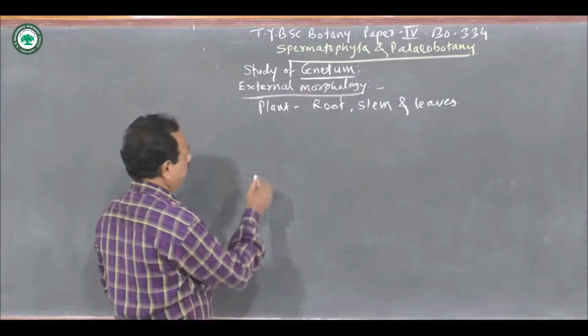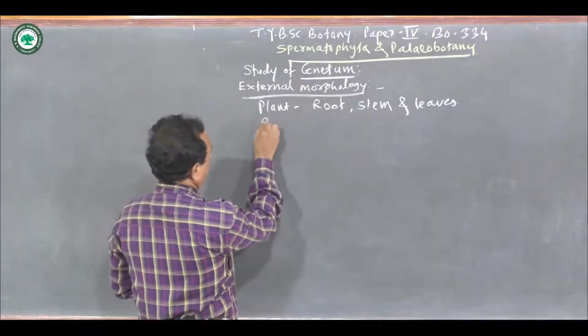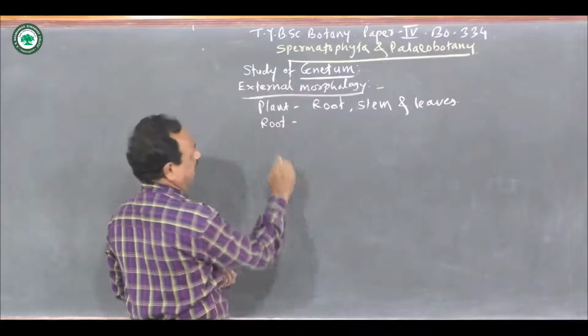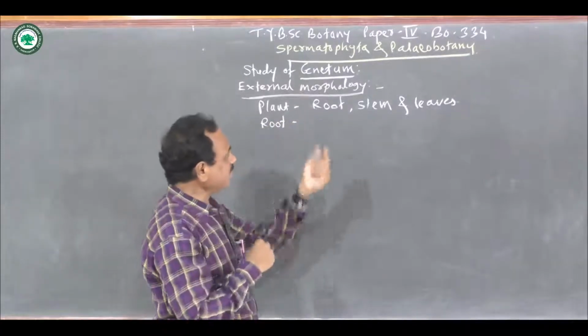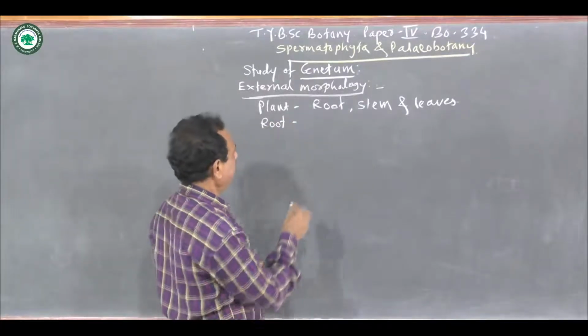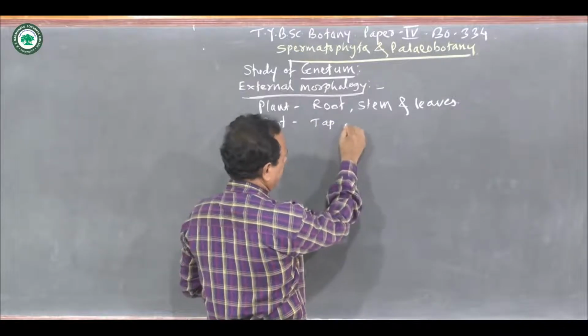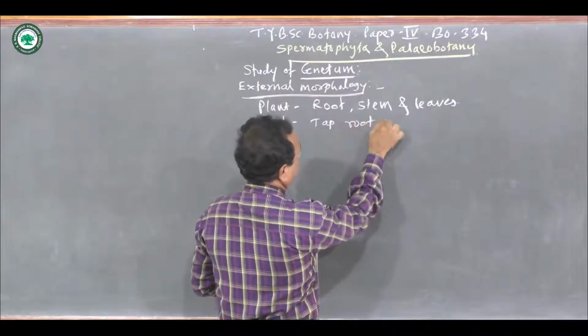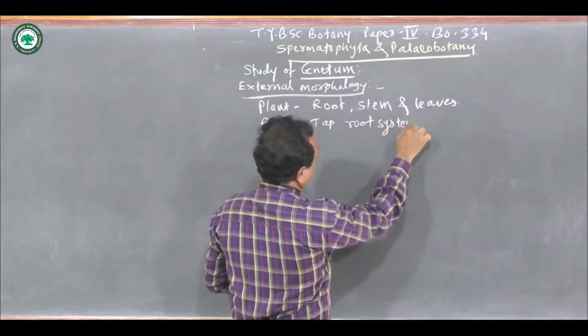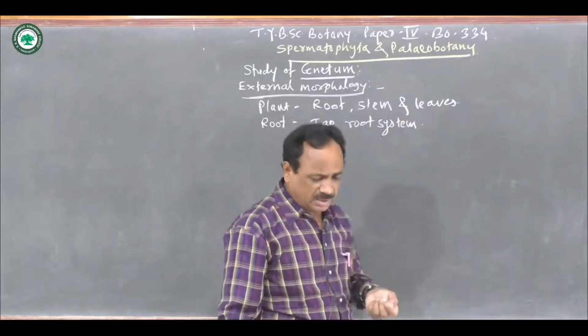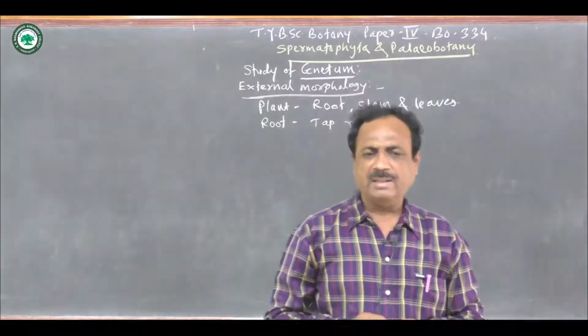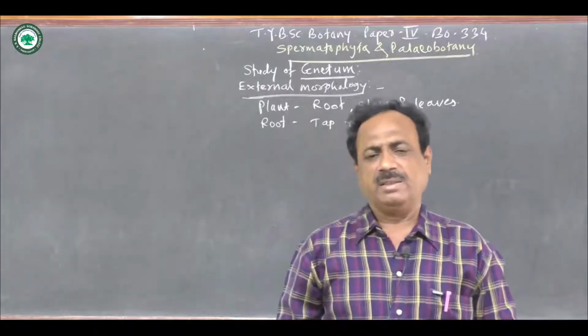Now if we see the root in the plant of Gnetum, it shows the presence of a well-developed, profusely branched tap root system. Actually, Gnetum is a woody, perennial plant.